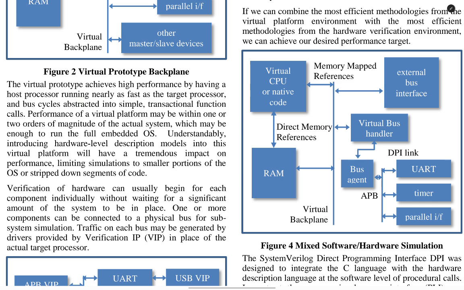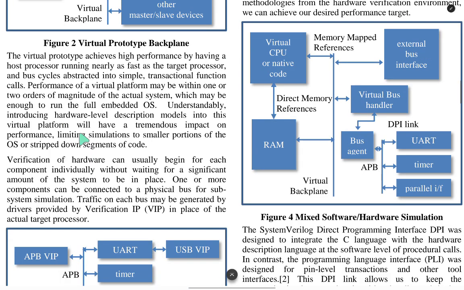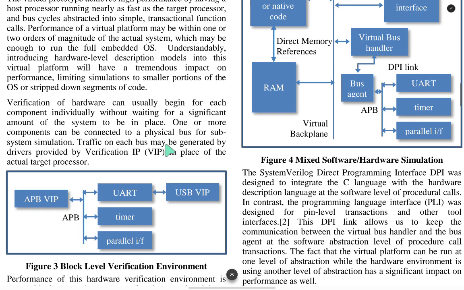The performance of a virtual platform may be within one or two orders of magnitude of the actual system, which may be enough to run the full embedded OS. Understandably, introducing hardware-level description models into this virtual platform will have a tremendous impact on performance, limiting simulations to a smaller portion of the OS and stripped-down segments of code.